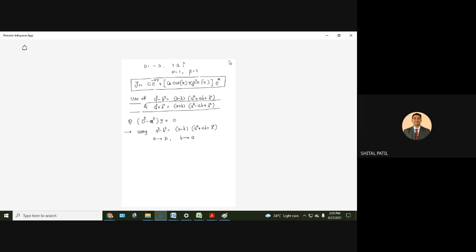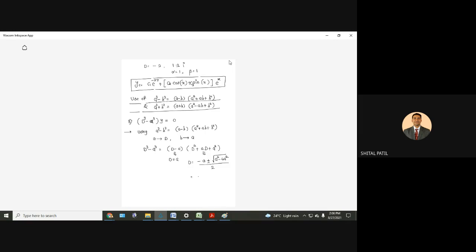A. There should not be any confusion. So D cube minus A cube is D minus A, and then D square plus AD plus A square. What is the root of this? D equal to A. And what about this? Can I write it directly? Minus B plus minus root of B square minus 4A square.